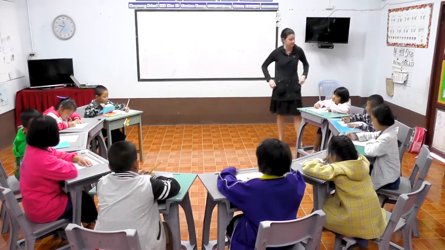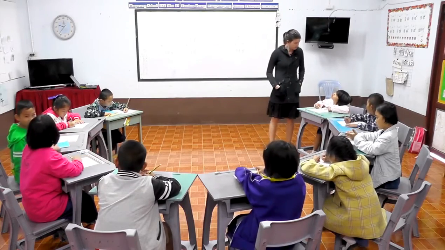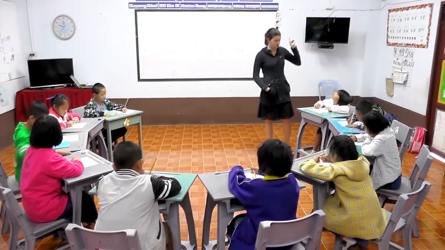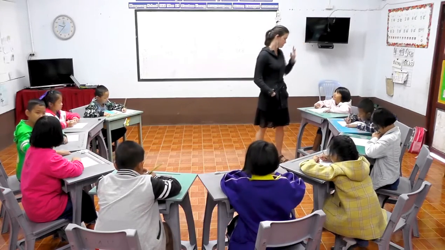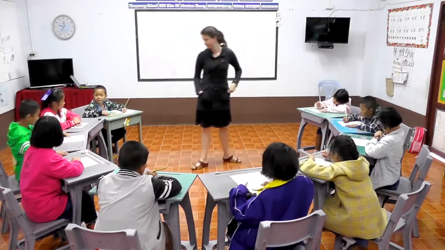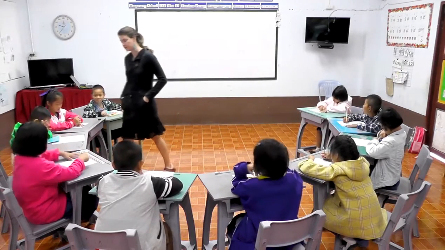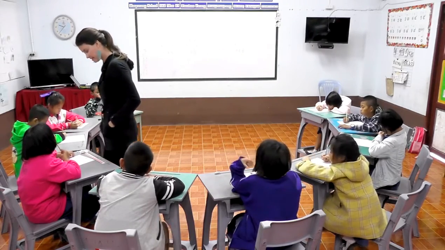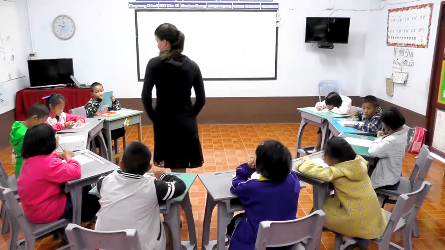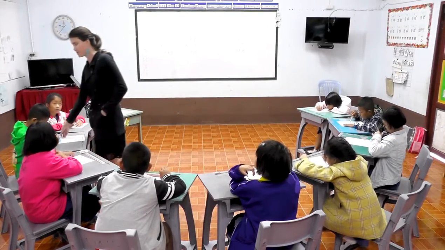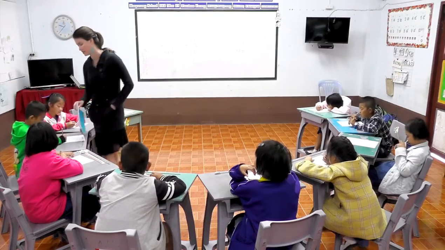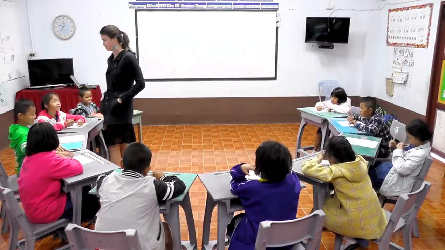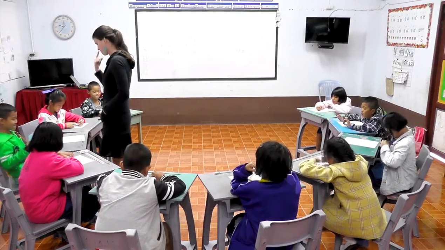7 times 6 equals 42. 8 times 6. Okay, friend, try to think of these without looking on your math, without looking on your thing. 8 times 6? 46.